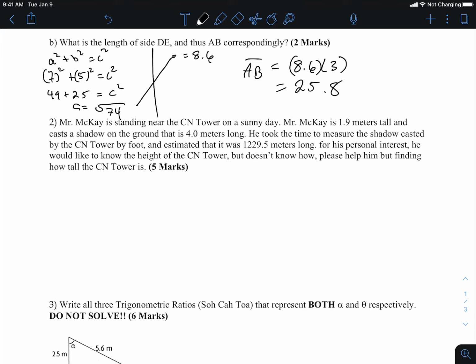How long? 4 meters. Right? And then how tall is he? 1.9 meters. Okay, and then we draw the CN Tower.